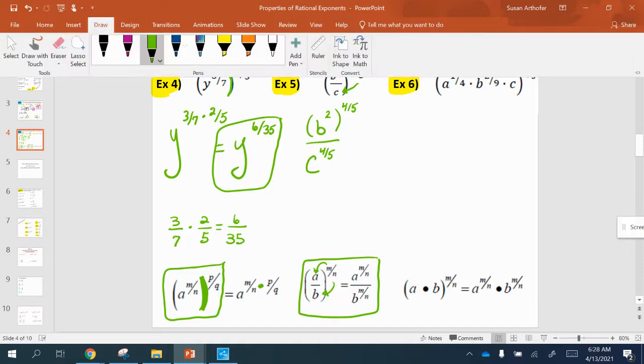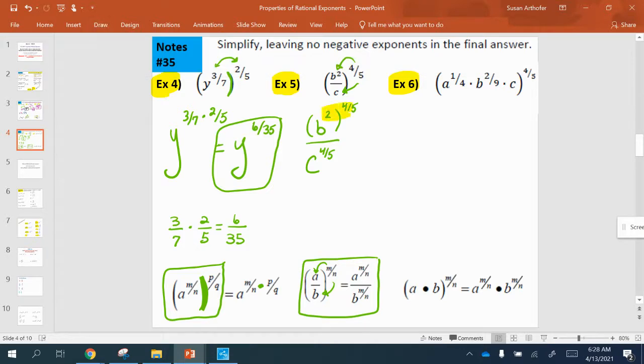And now on the top, right here, we're back to this rule where we go ahead and we multiply. So we need to multiply for the b. So it's 2 over 1 times 4 over 5. So that would be 8 over 5.